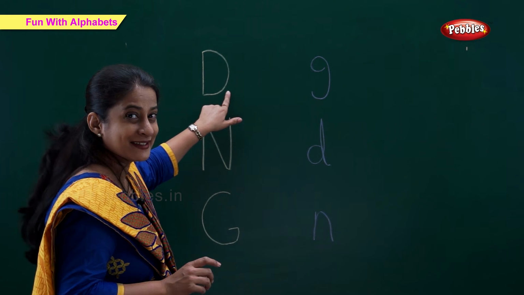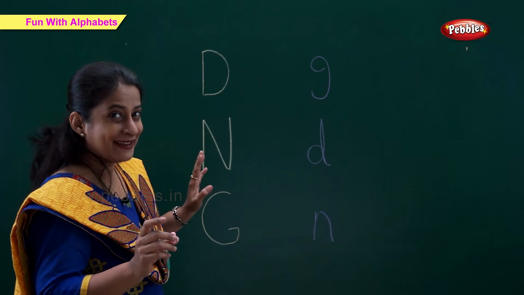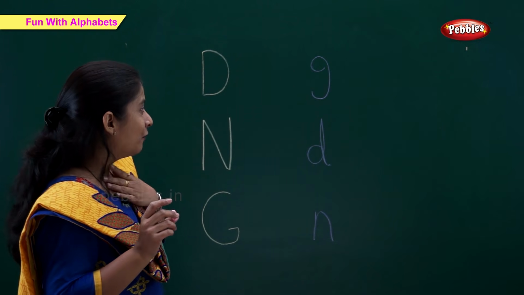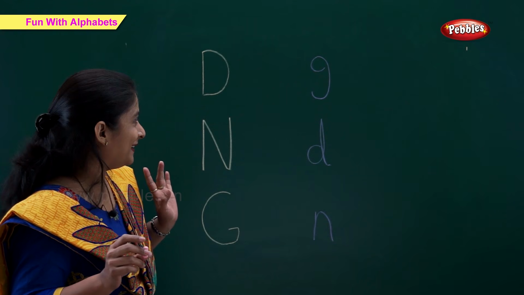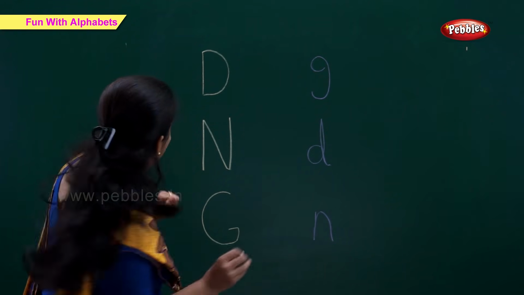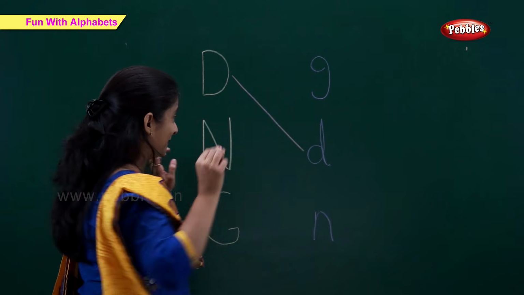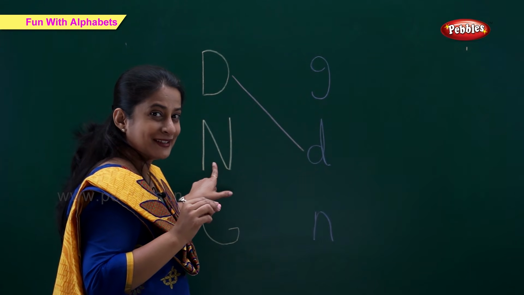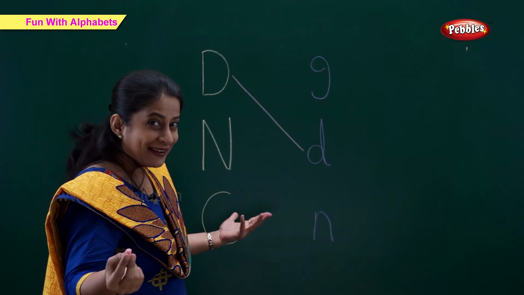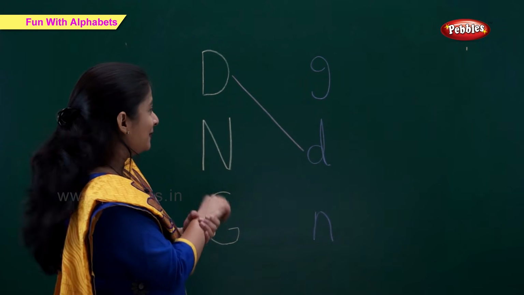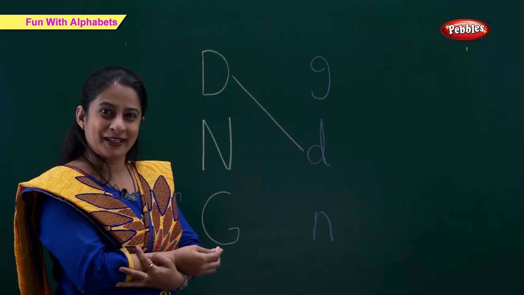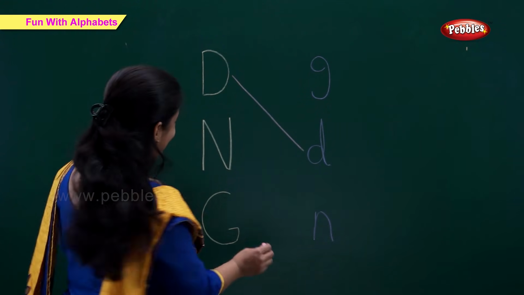Okay, this is capital D. And now where is small d? Right. And this is big N or capital N. So now find small n for me. Right.